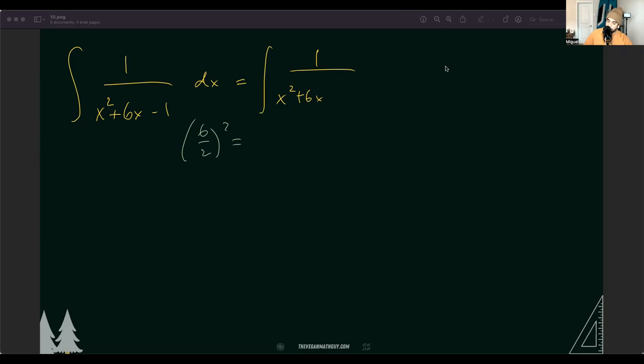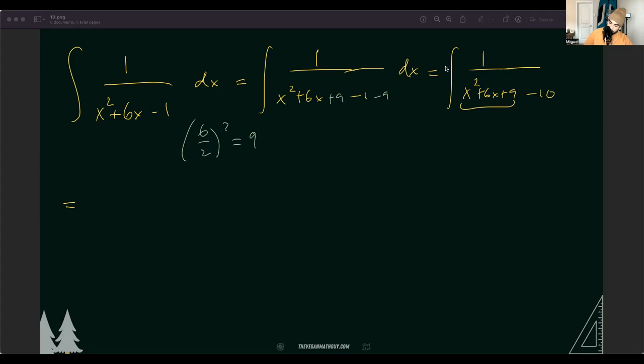So this becomes 9. And so we're going to introduce a 9. And we still have the -1. But don't forget, because we introduced the 9, we have to subtract the 9. And so now what we have is an integral that looks like this. 1 over x squared plus 6x plus 9. And then the -10. So we're going to go ahead and factor that out.